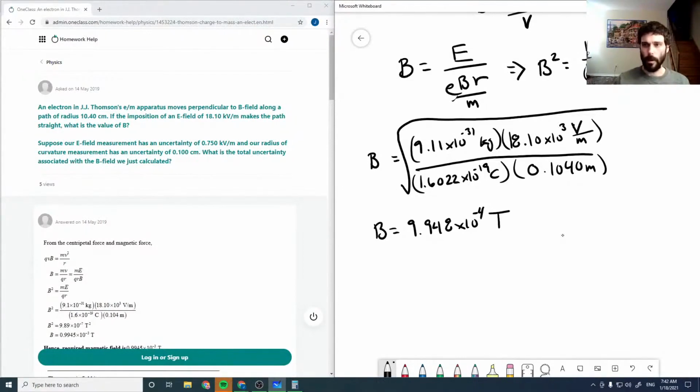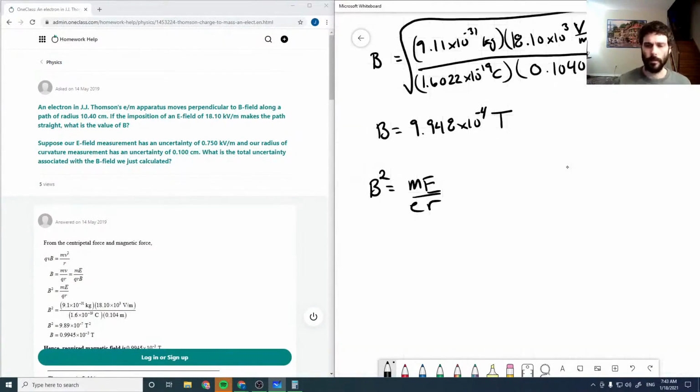Okay, if we represent our B squared as ME over ER, and our mass and our electric charge don't have any uncertainty, then we can compute our uncertainty through just differentials.